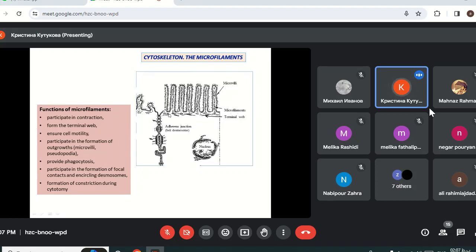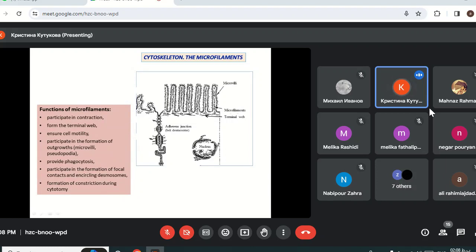It means that because they are located just below the membrane of the cell, when the cell needs to make pseudopodia, for example, some protrusions like an amoeba or macrophage has to move, the formation of such pseudopodia is ensured by microfilaments.